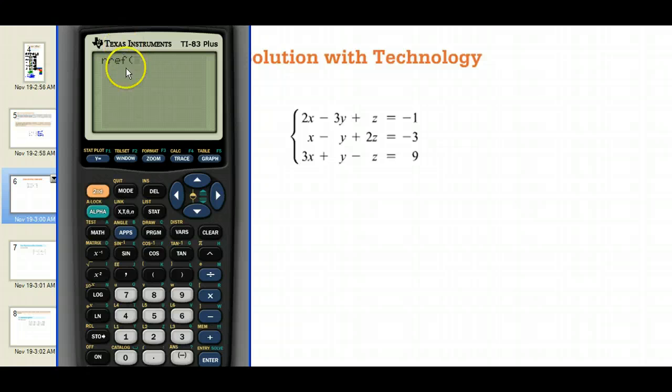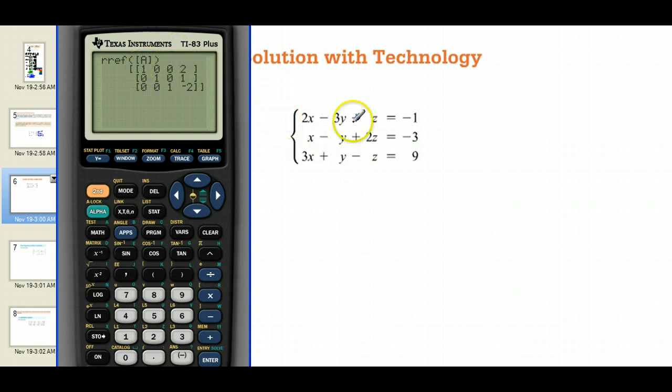It comes back to the home screen and it has a little cursor and it's saying, what do you want me to do this on? You have to go back in your matrix menu one last time and call the matrix. So this time we use 1 for the name. RREF, close your parentheses, hit enter, and there's our solution. And again, we saw this solution just a little bit ago.